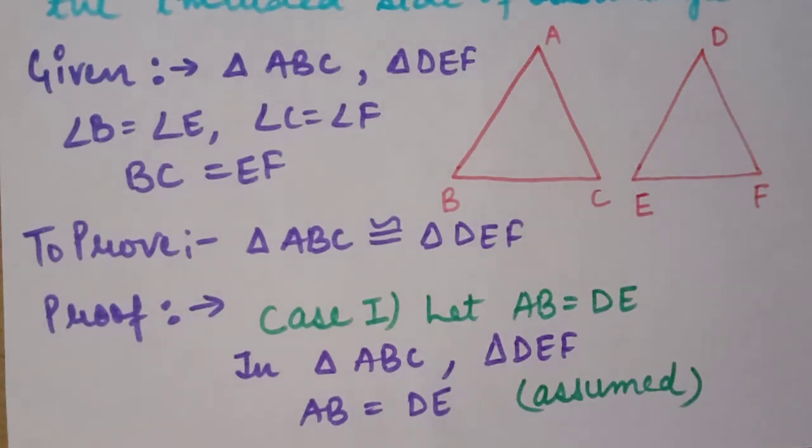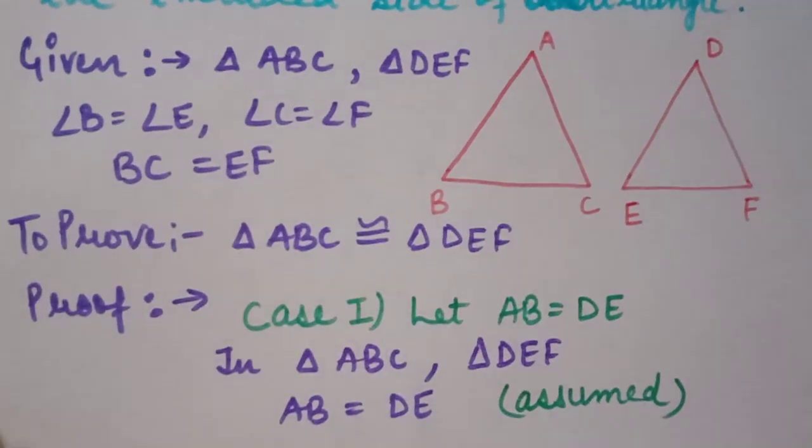Why? Because we will give our reason as CPCT. What is CPCT? Corresponding parts of congruent triangles. If two triangles are congruent, then the remaining 3 elements are already equal to each other. We do not need any proof for them.